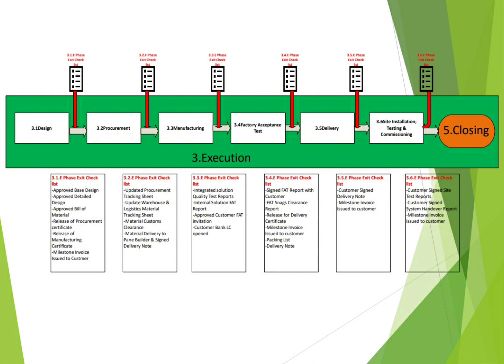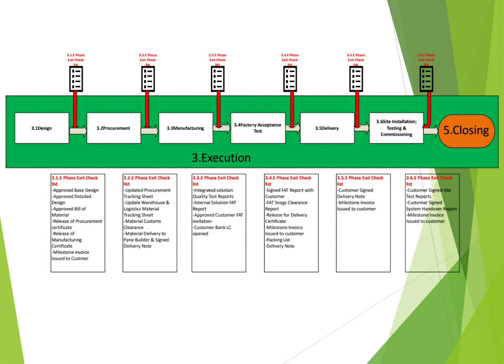After that, you need to request your panel builder to start immediately the panel manufacturing activities, and in parallel you need to ask your technical lead to start the engineering phase of the project.